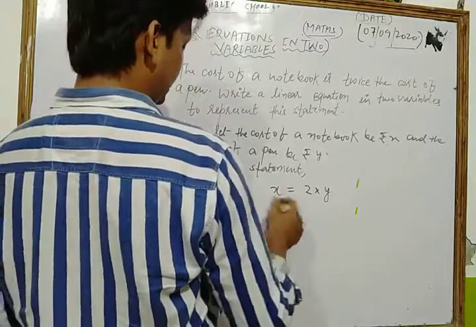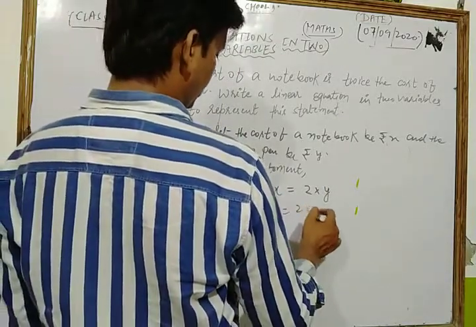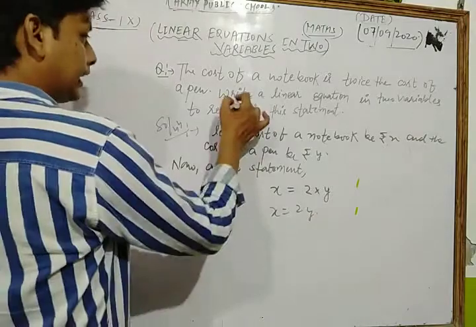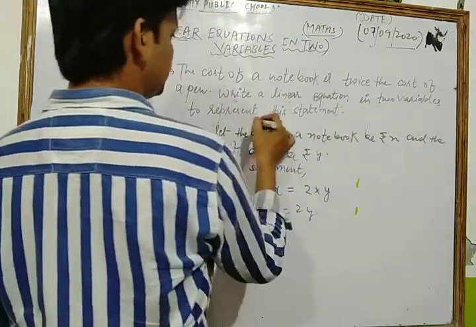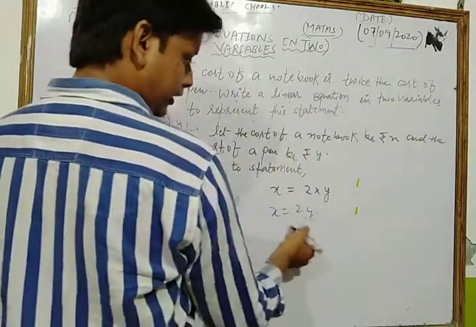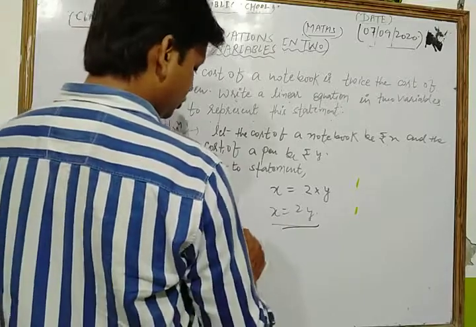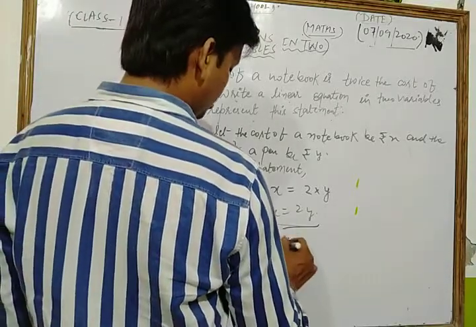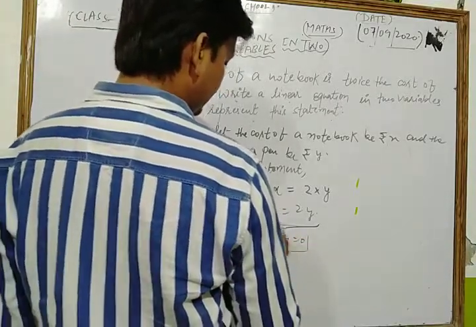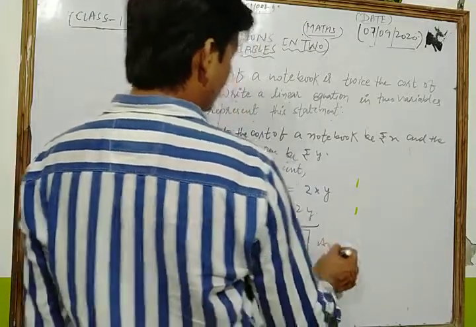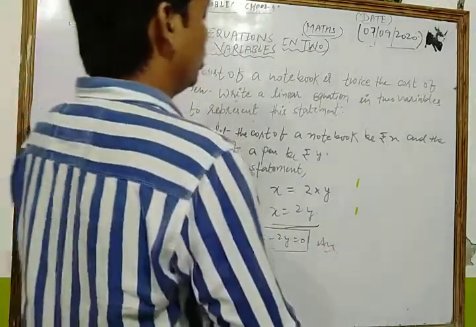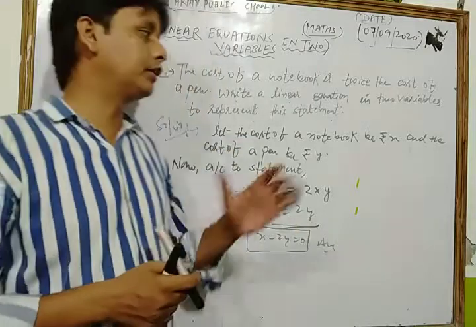So we can write x is equal to 2y. Now we write a linear equation in two variables to represent this statement. We write this equation also as x minus 2y is equal to 0. This is the linear equation in two variables which represents the given statement.